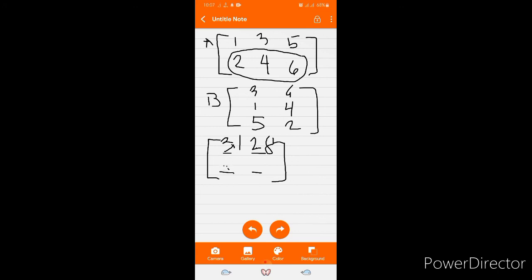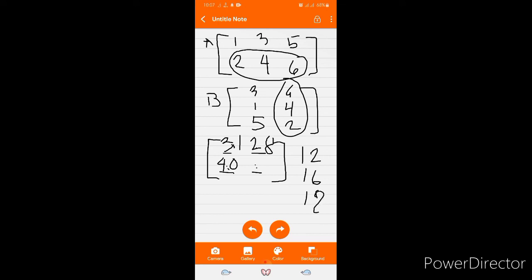Next, we'll find the last one. Since the position of this is in the second row and in the second column, then multiply. 12, 16, and 12.